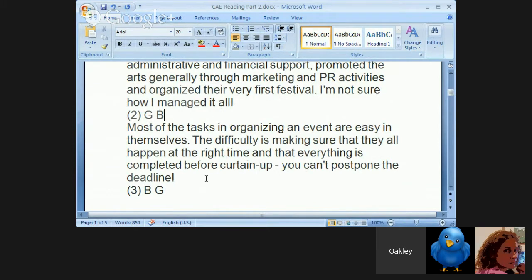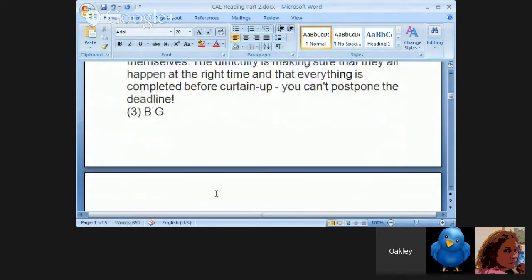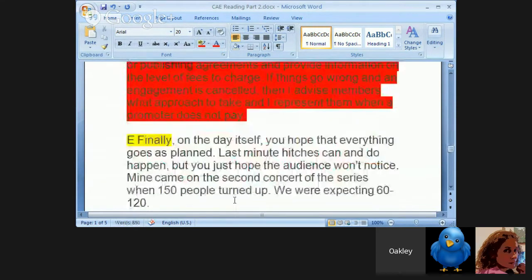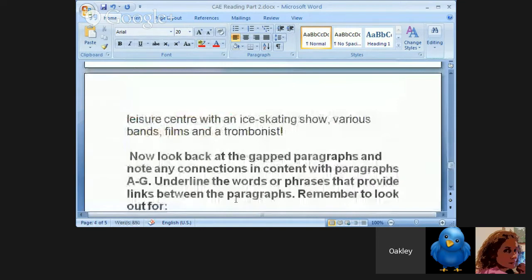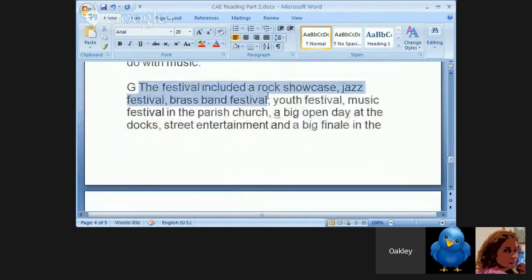The problem is G has very specific information. The festival included, obviously, the festival. It's defined. The only reason we can use "the" as an article is because we've already defined exactly what festival it is.